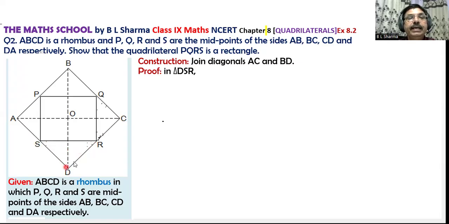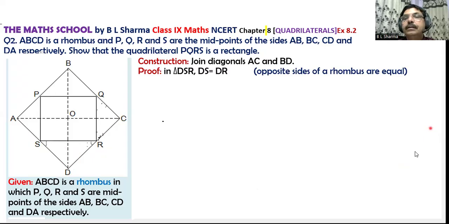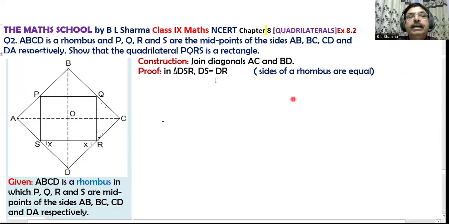It means DS is equal to DR. Since this DR is equal to DS, in place of writing opposite sides of a rhombus are equal, we can say sides of rhombus are equal. DS is equal to DR.